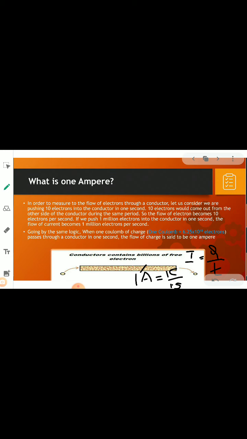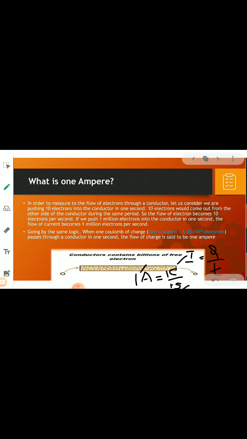What is 1 ampere? When 1 coulomb of charge passes through a conductor in 1 second, then we say that the flow of charge in a conductor is said to be 1 ampere.